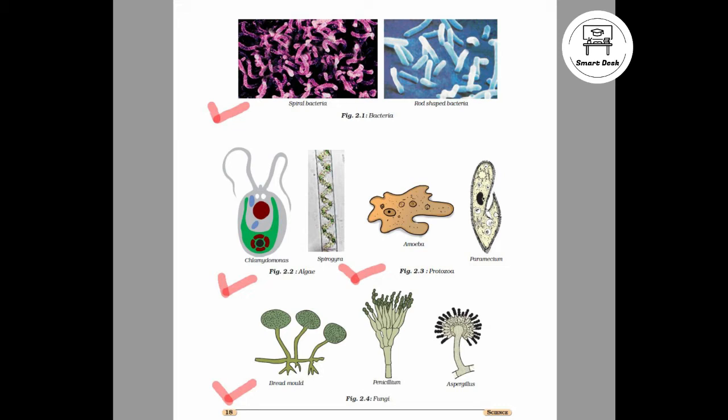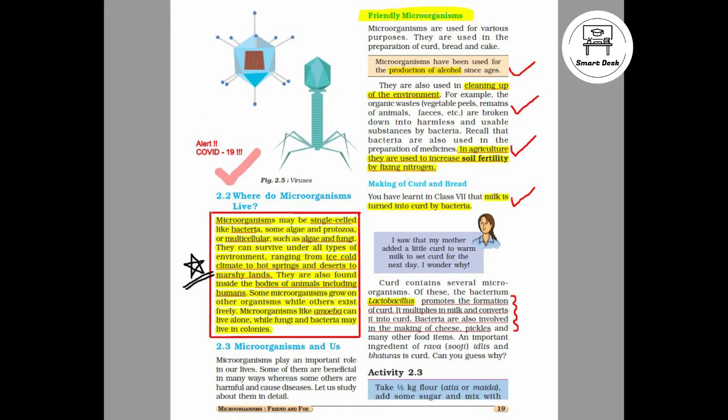And there are more pictures of some algae like Spirogyra, then protozoa like amoeba, then bread mold, as I've told you that in rainy season when you place a piece of bread outside, then these bread molds grow. And there are lots like penicillium, aspergillus, etc. Next the virus. So viruses are found in nature in different shapes and types. You can see a picture that is given of two different viruses.